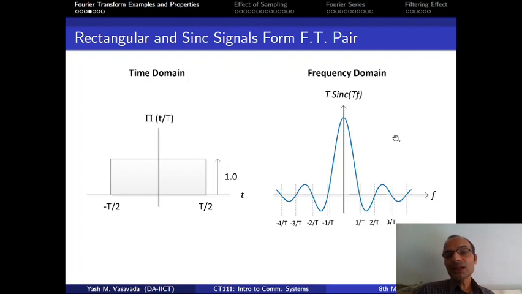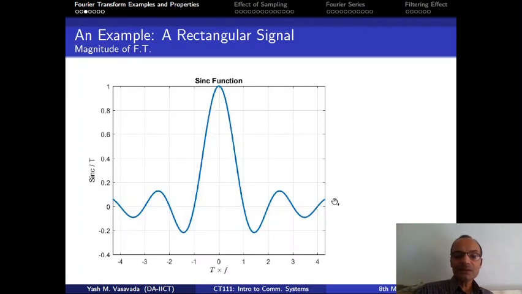But let us see what is happening in the frequency domain. In the frequency domain, the immediate 2 points at which the pulse becomes 0 are actually at 1 over T. Why is that? Because this axis is t times f.